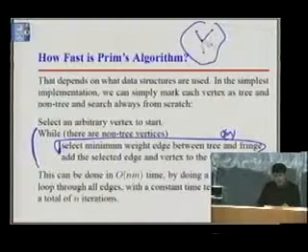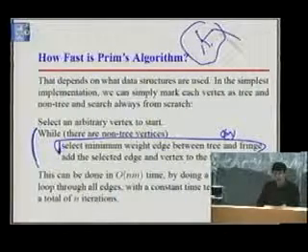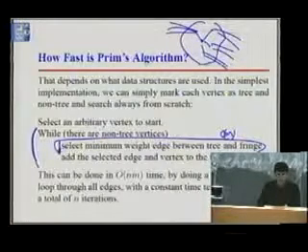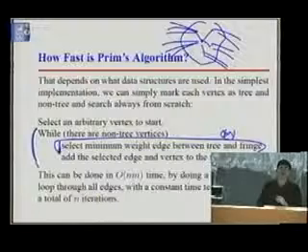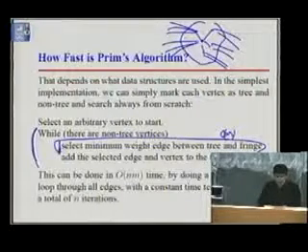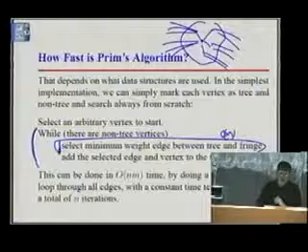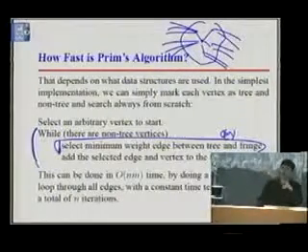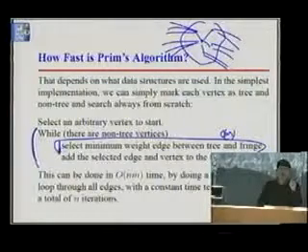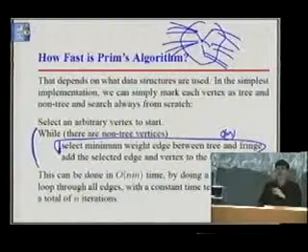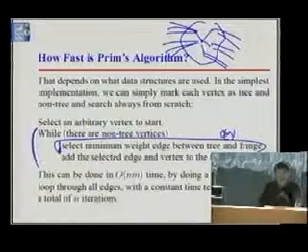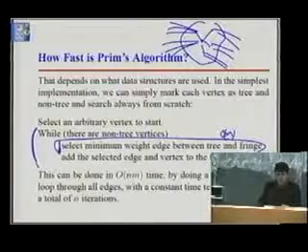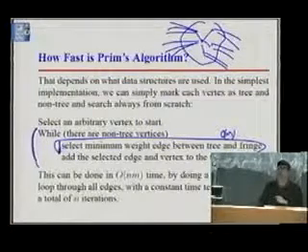Here's my tree. I want to look at all the fringe edges that pass from a vertex that is in the tree to somebody outside the tree. Does everybody agree with that? How many edges might there be in the worst case that pass, at some point in the algorithm, between the vertices inside and the vertices outside?